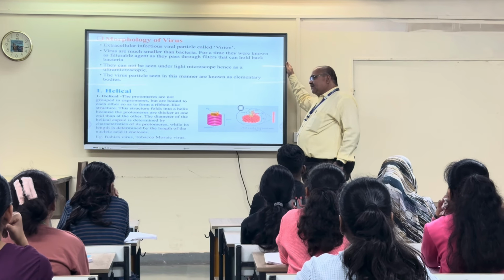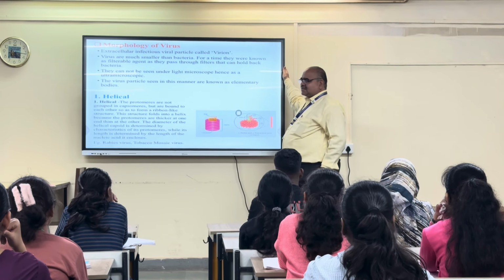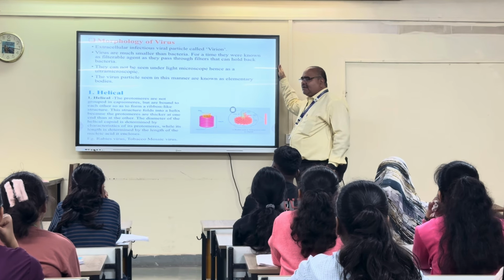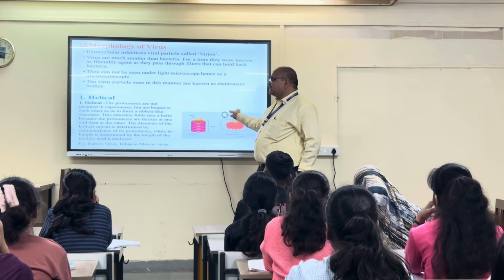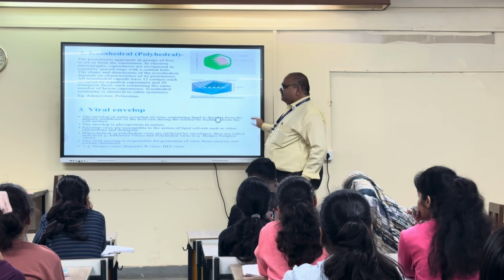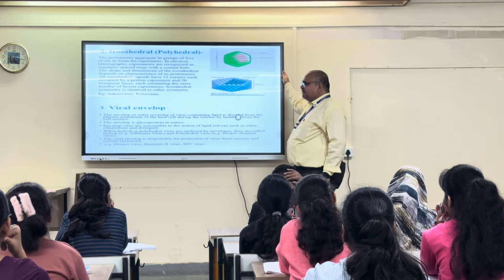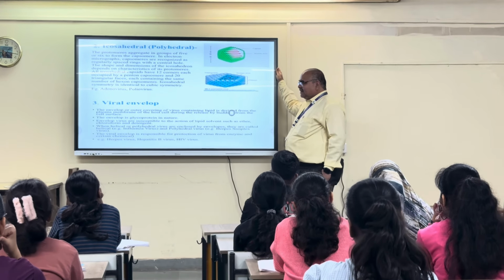Now, when you take into consideration helical viruses, an example is tobacco mosaic virus, and the second one is rabies virus. Now, there are some viruses which are icosahedral in symmetry or polyhedral in symmetry.